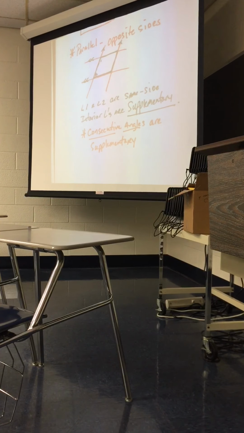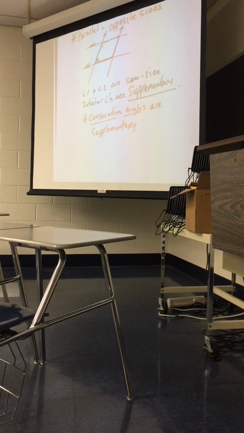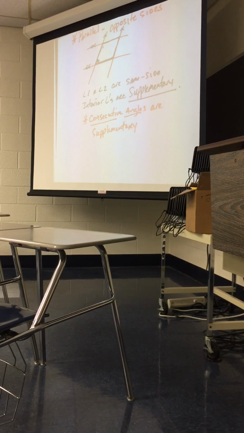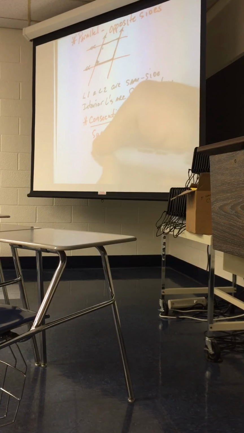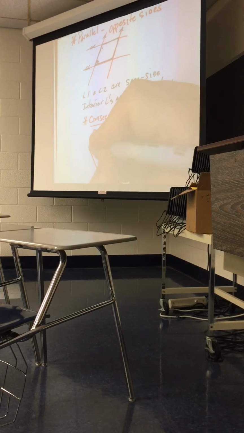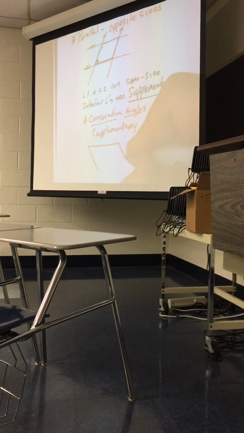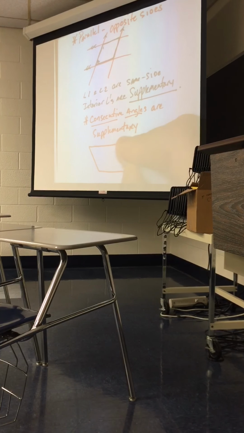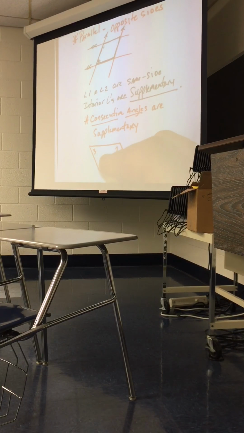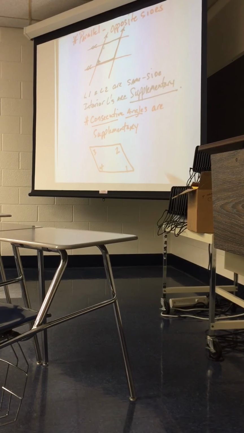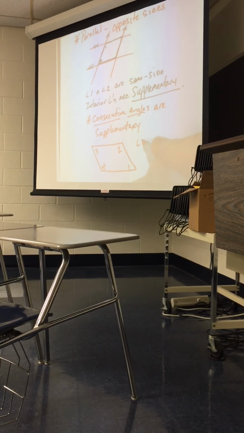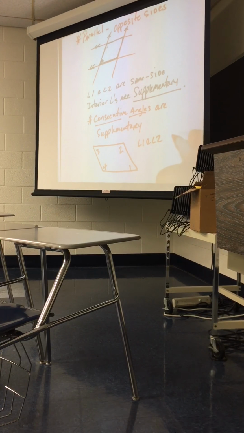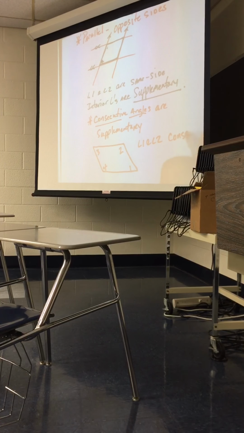What do you think we mean by when we say consecutive angles? Madison, what do you think? They're next to each other? Yeah, if you're working your way around a parallelogram, for instance like this, here's another parallelogram. If we're working our way around, and I have angle 1, angle 2, angle 3, and angle 4, working our way around, angle 1 and angle 2 are what we would call consecutive.